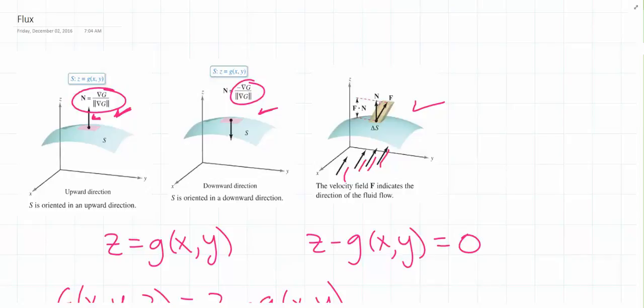Well, to calculate that, think about this little shape here. We're getting the volume of that thing. We have this fluid going through here, and I want to get the volume of this little shape. Well, what I need to calculate is the base times the height.